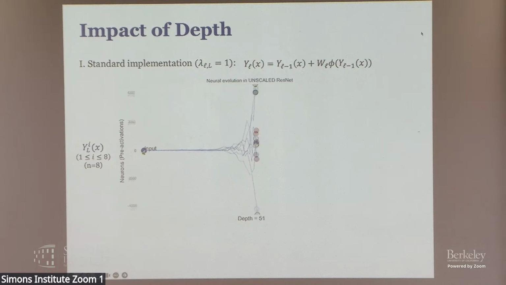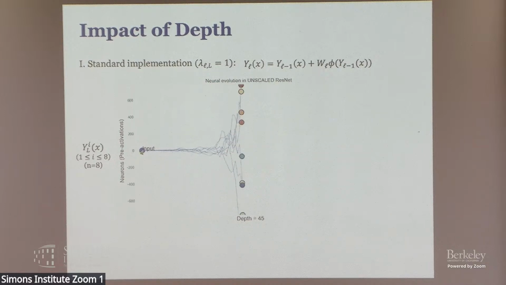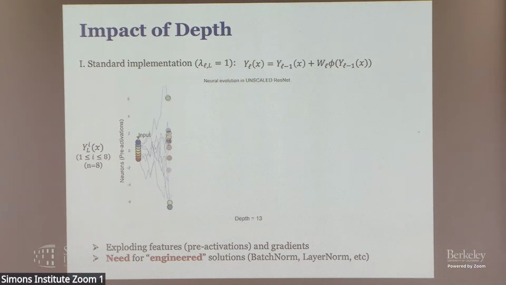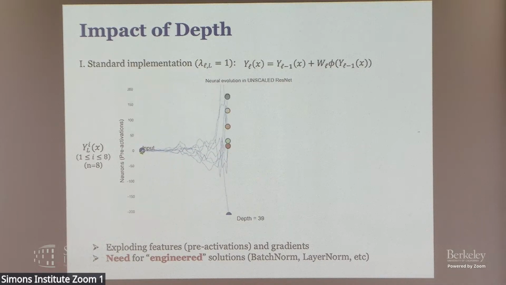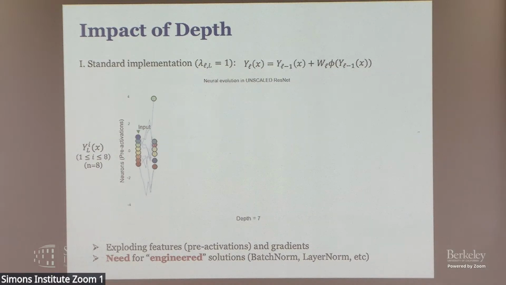If you look at the y-axis, you see something interesting: as depth grows, those values actually grow exponentially with depth. This is what practitioners refer to as exploding features or exploding pre-activations, and you can see a similar behavior for gradients. This is the main motivation behind normalization solutions like batch norm, layer norm, and all that kind of stuff.